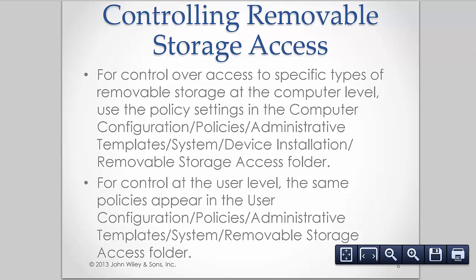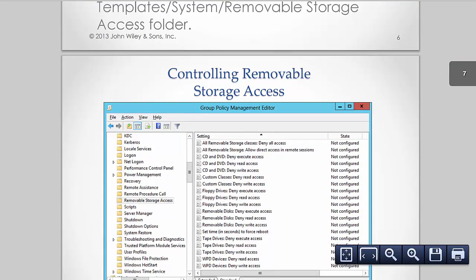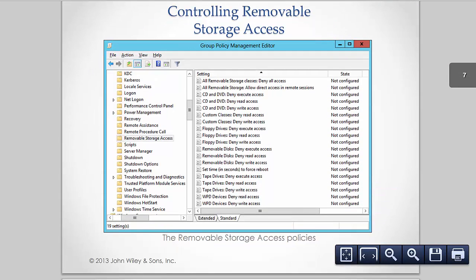So controlling removable storage. Again, in group policy, we want to go ahead and control removable storage. We have some options here, so we can go into the removable storage access folder. Here's an example. So notice I was talking about CD and DVD, so we can deny write access, for example.